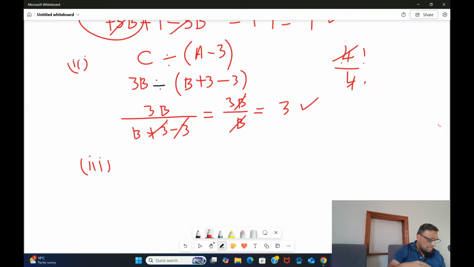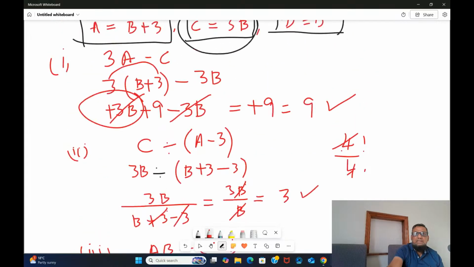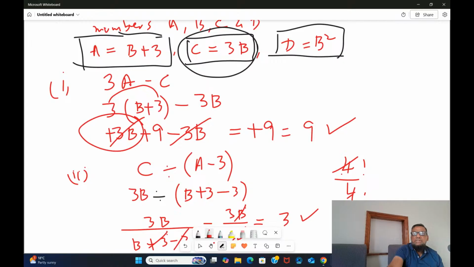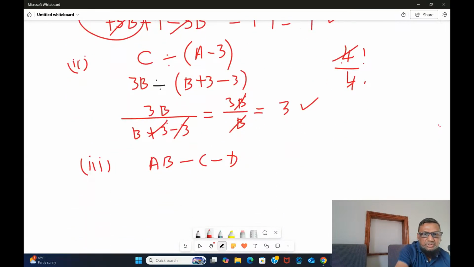Part 3 says ab minus c minus d. Exactly the same way, you need to substitute the value. We know the value of a. The a value is b plus 3, so we're going to put b plus 3 here. This is the value of a.